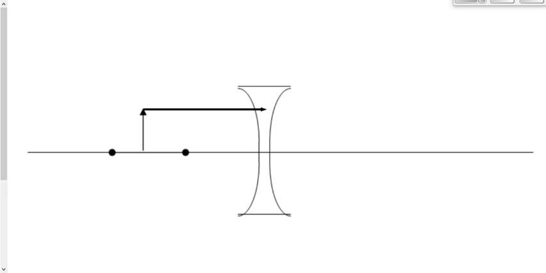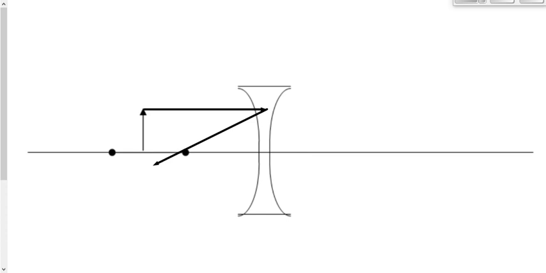By the way, what kind of lens is this? Two names for it. What's one of them? Concave, caved in the middle, or diverging, right? Which means that rays parallel to the principal axis diverge away from one another as opposed to converge. All right, so here's our first ray, parallel to the principal axis. Where does it go from there? Down here?